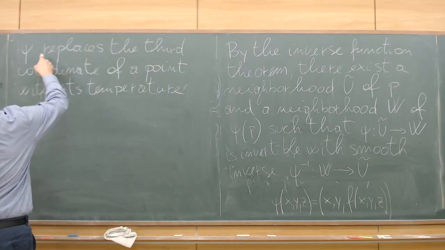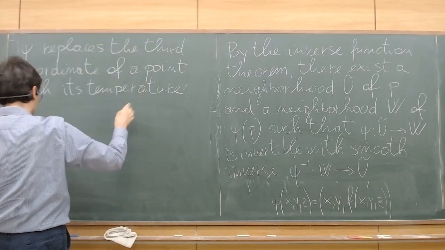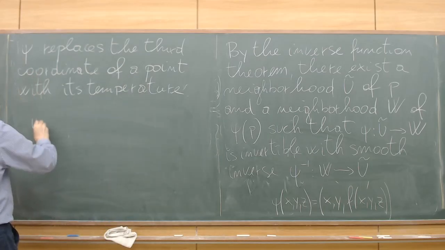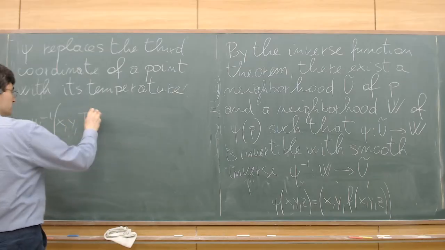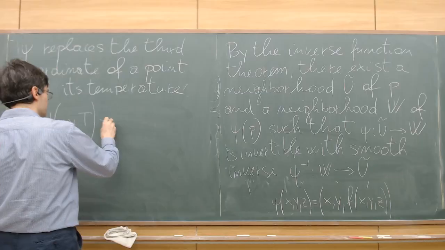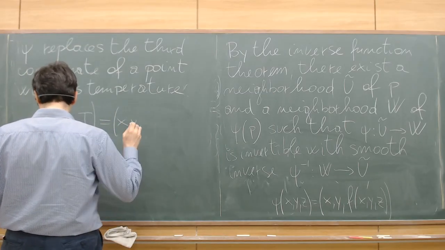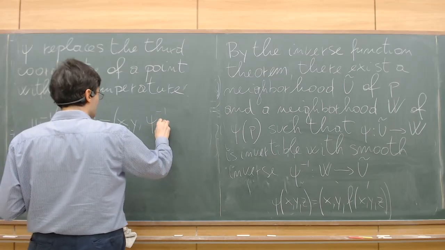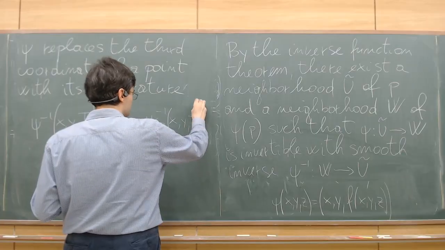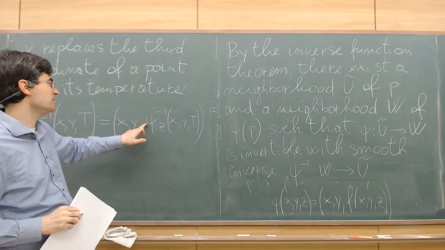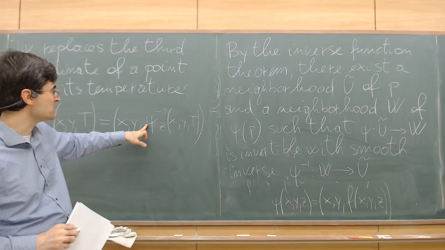Since psi replaces the third coordinate of a point by its temperature, I can write psi inverse of x, y, t as x, y, and I will write psi inverse z of x, y, t, where this is not the derivative with respect to z, but it is the third component of psi inverse.